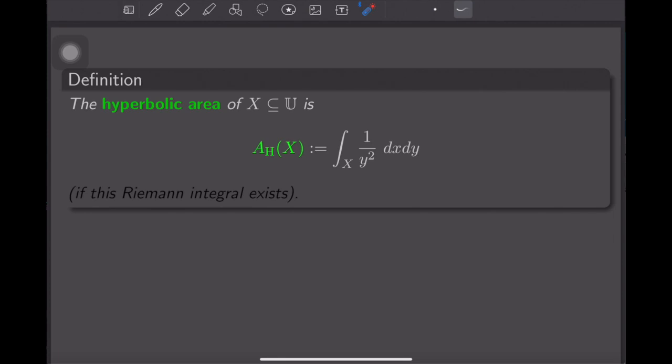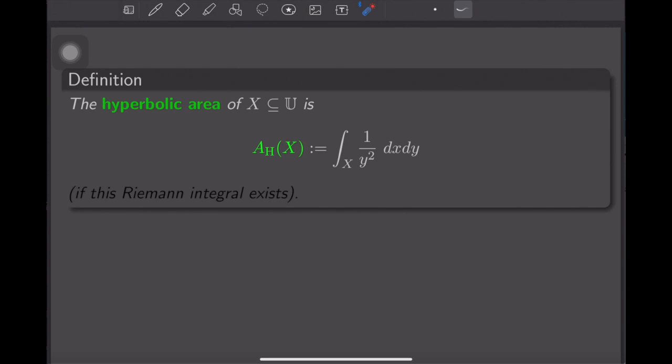Now, there is one step that I'm skipping. There is something that I'm not saying, which is how does one motivate the use of this integral for this definition? Why do I use this integral and not another integral? So why do I integrate this and not something else?